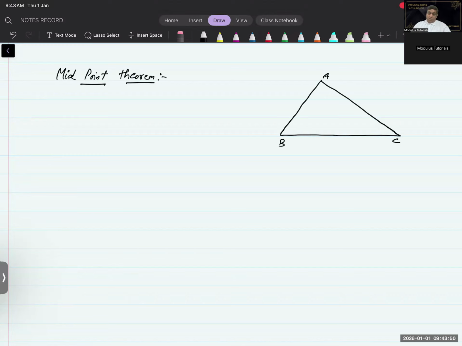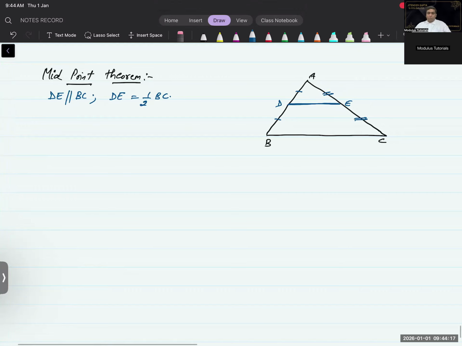Now there is a line joining the midpoints of the two sides like this, D and E, which means these two segments are equal. Got it? So in that case, DE will be parallel to BC and DE will be half of BC. How can you prove it?